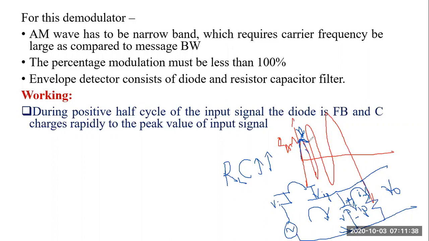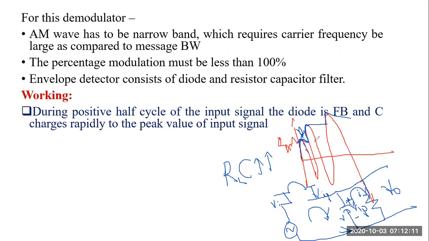Once the input has increased here, the capacitor will again start following the input till this peak. At this peak, again the diode is reverse biased. The capacitor discharges, and it is made to discharge slowly, so it will discharge like this till the input increases again. Again when the input increases, the capacitor charges because the diode is on, and when the input decreases, the capacitor discharges through the resistor.